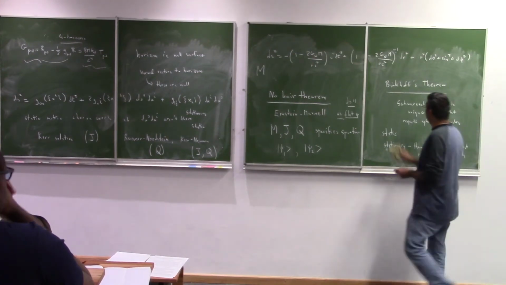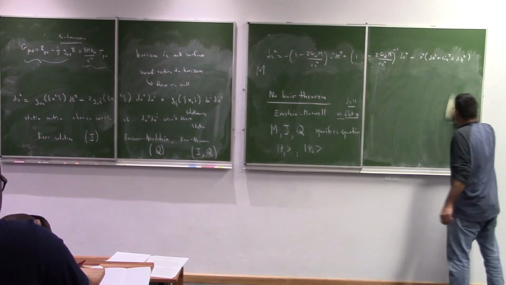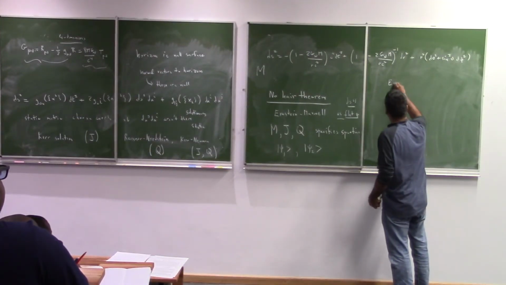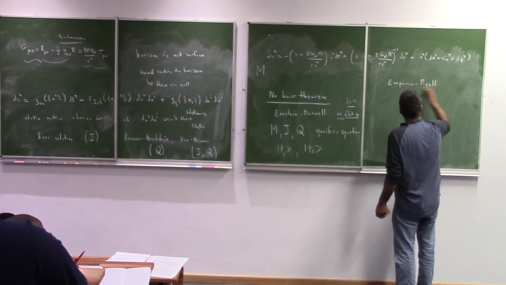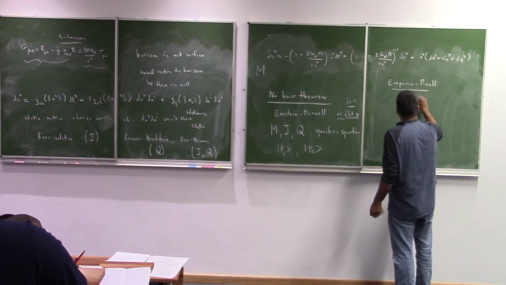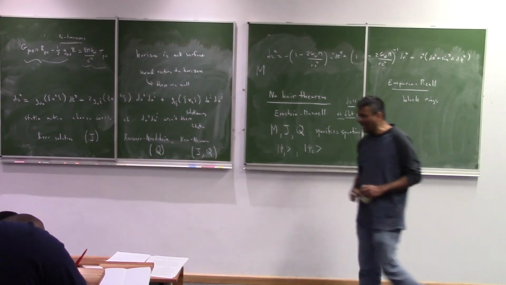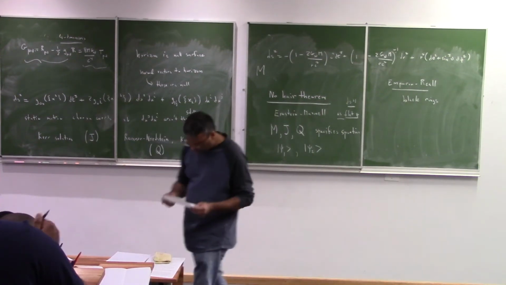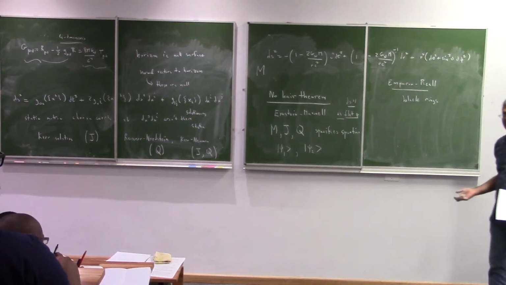The people who did this were Roberto Emparan and Harvey Reall. So these are called the Emparan-Reall solutions. They're also called black rings. So the idea here is that gravity acts differently depending on what dimension you're in.